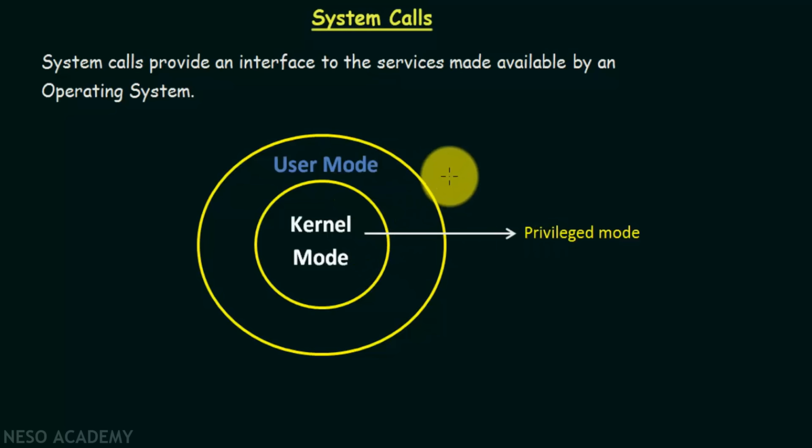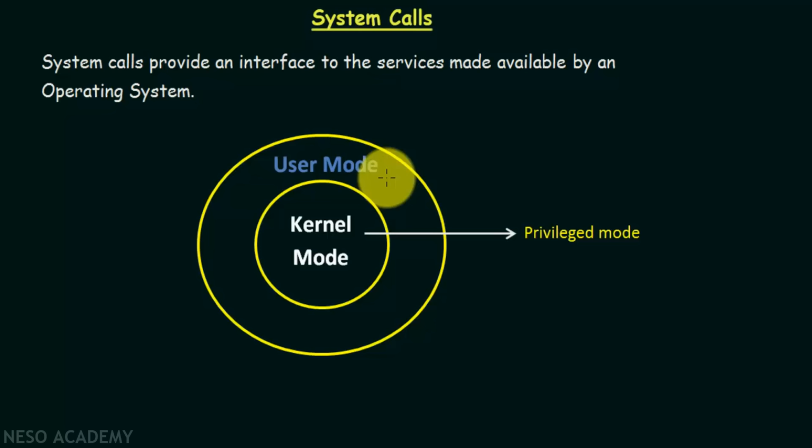So these are two modes of operation in which a program can execute. We see that user mode is more safe, and because of that, most programs execute mostly in user mode. But when a program is executing in user mode, it may need access to some of the resources like memory or hardware and so on.